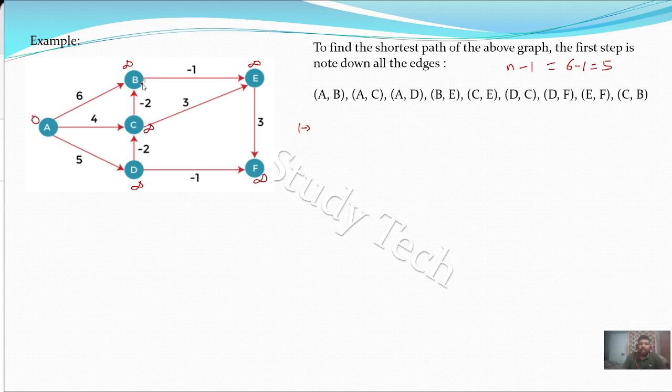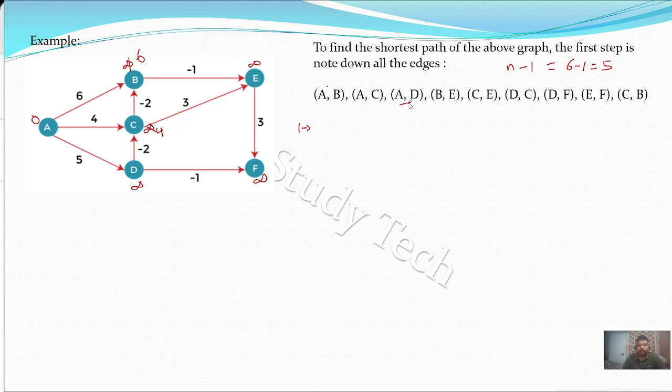A to B is 0 plus 6, 6, and since it is infinity now, we update it, 6 is the minimum. A to C is 0 plus 4, so 4, here it is infinity, 4 is the minimum, we can update it.